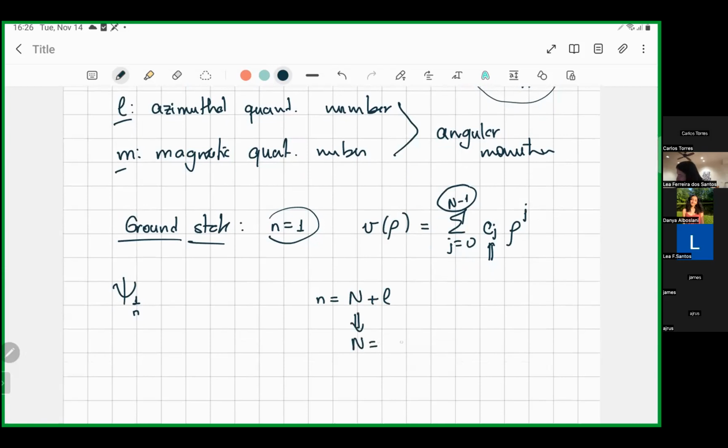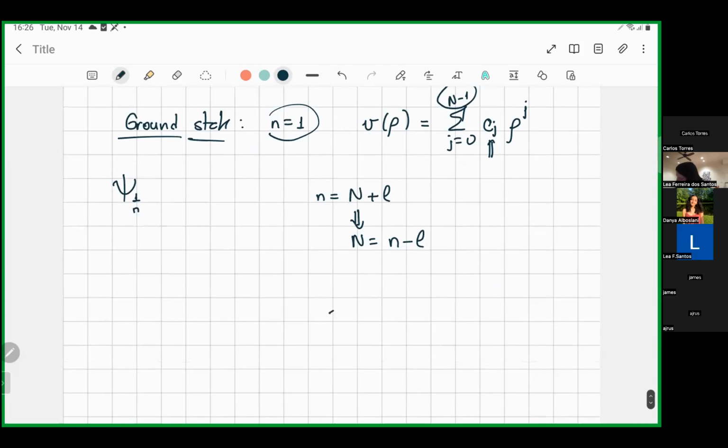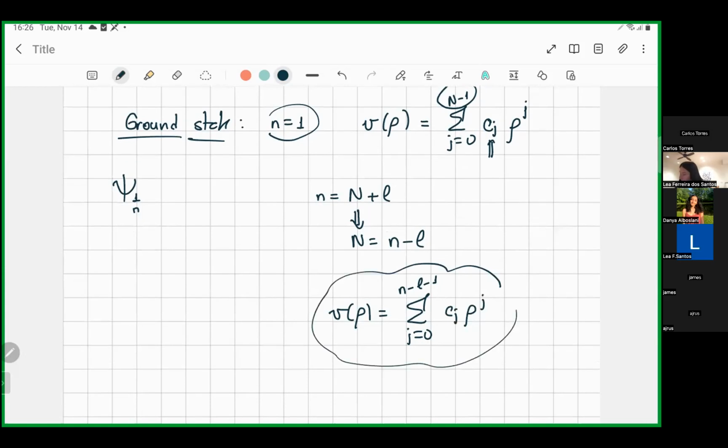This is how we define it, which means that big N is equal to little n minus L. So if I rewrite our function, I have a sum that goes from j equal 0 up to little n minus L minus 1. Okay. So this is the important thing. By looking at this, we'll know what is the value of L. Okay, so let's pick the example.